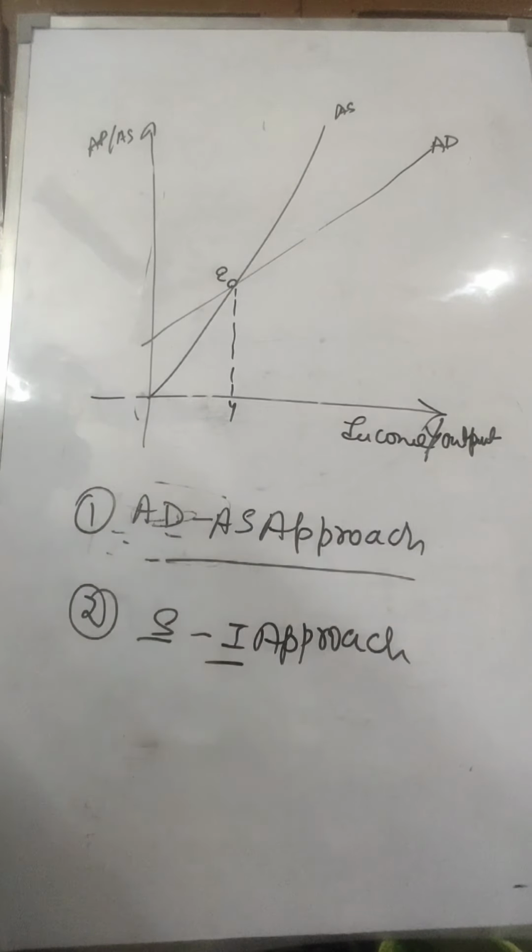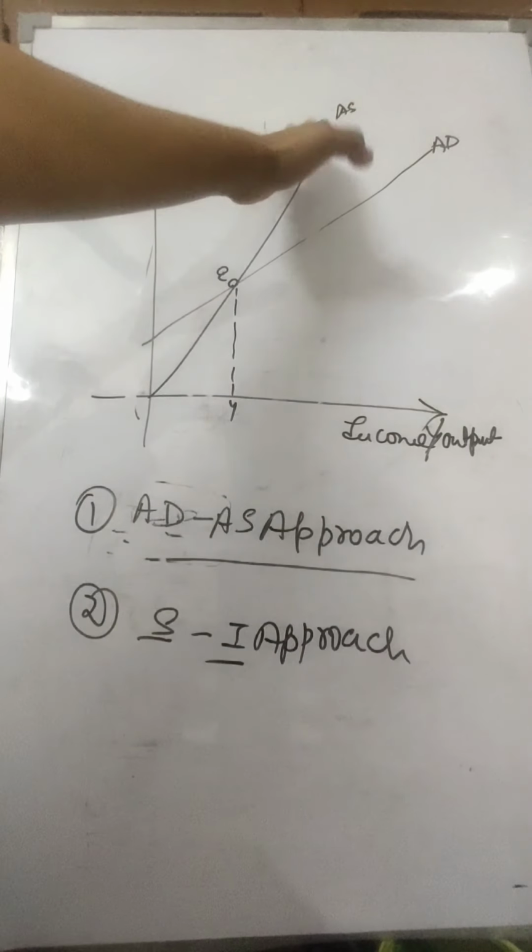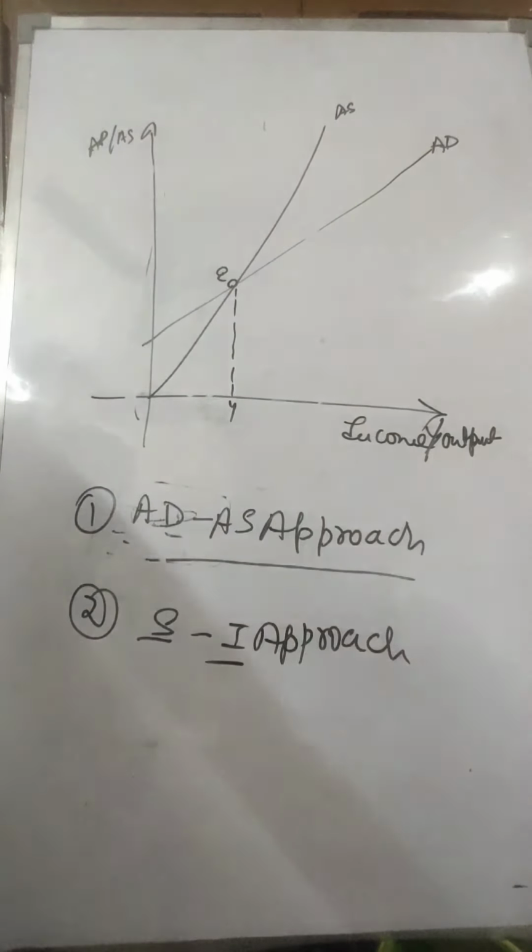As we have discussed, aggregate demand refers to the total expenditure that we are doing on goods and services, and aggregate supply refers to the total production of goods and services.